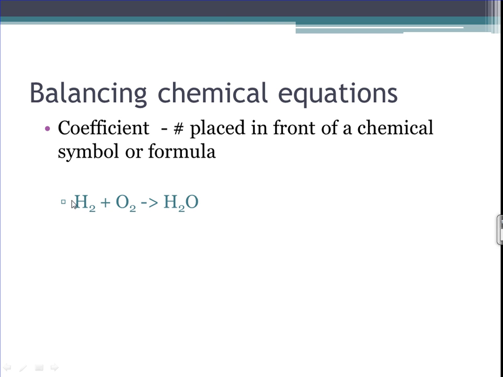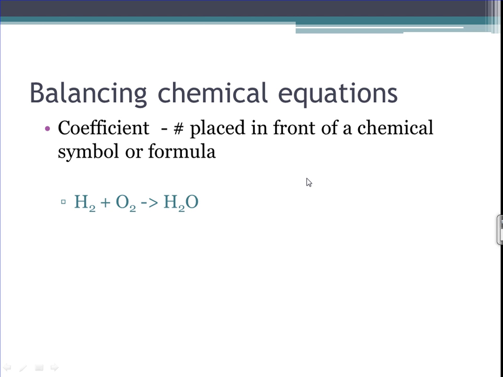Hydrogens normally travel in pairs and oxygens normally travel in pairs, but when hydrogen and oxygen get together and a chemical reaction happens, I get water. But take a look. On this side of the equation, I have 2 hydrogens. I have 2 hydrogens here. So far, so good. But again, in my reactants, I have 2 oxygens, but I only have 1 oxygen in my product. This is not a balanced chemical equation.